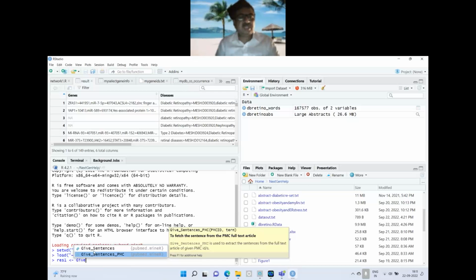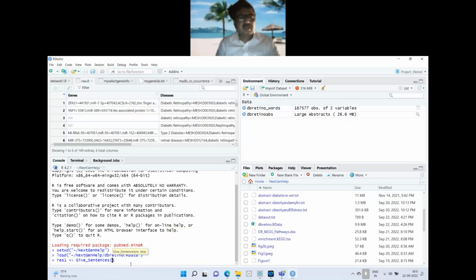So give sentences, and we give the term ZFAS1 and the database, retino ABS.